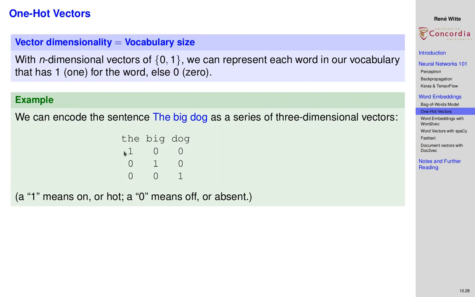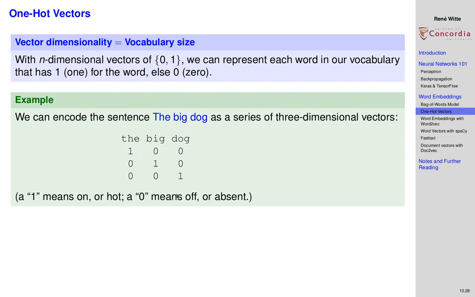So we have 3 vectors. Each vector has 3 dimensions. And we have a 1 for the word if it appears, and a 0 for all the other words. So here we have a 1 for the, here we have a 1 for big, here we have a 1 for dog.